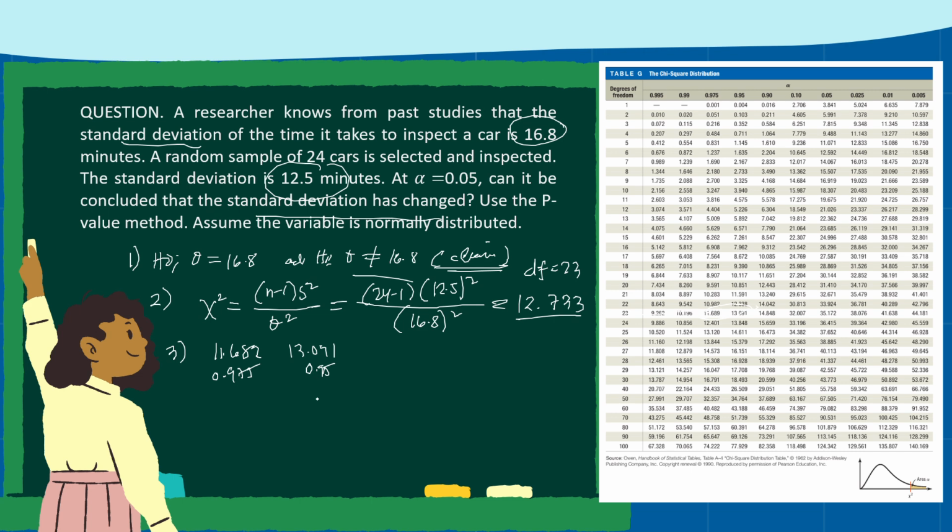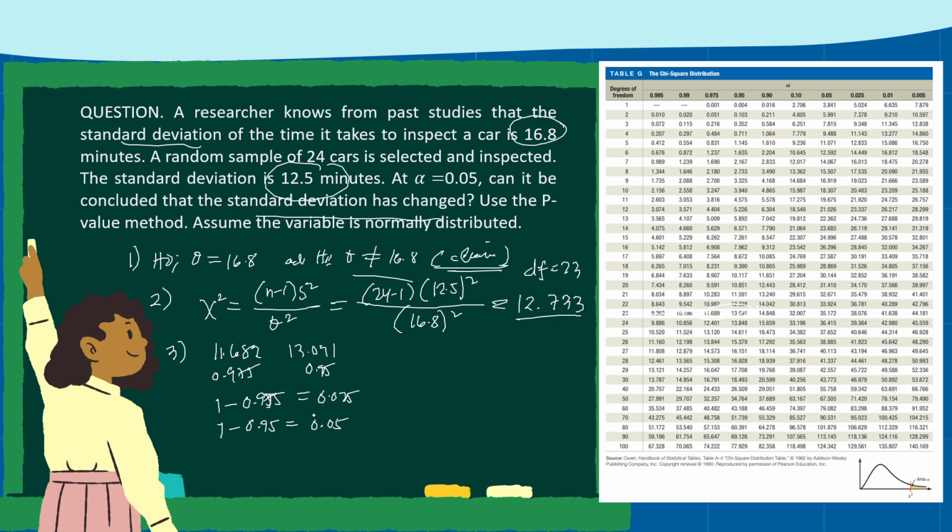Since the values are found to the left of the distribution, each value must be subtracted from 1. So 1 minus 0.975 is equal to 0.025, and the other one is 1 minus 0.95, that is 0.05. Since this is a two-tailed test, the area must be doubled to get the p-value interval.